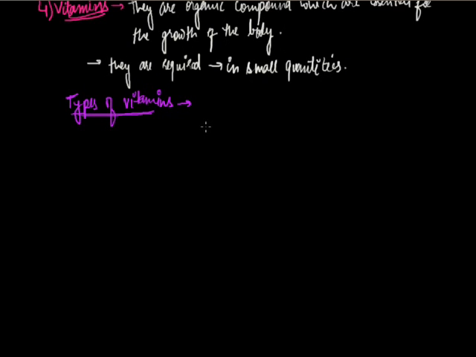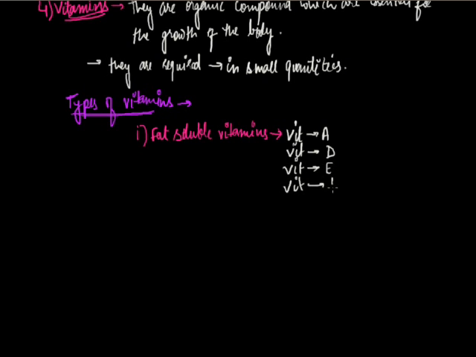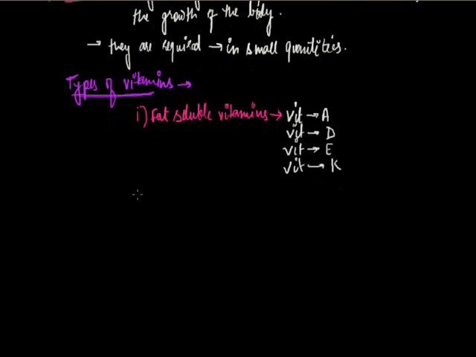First is fat soluble vitamins, and fat soluble vitamins are vitamin A, D, vitamin E and vitamin K. So they are vitamins soluble in fats.